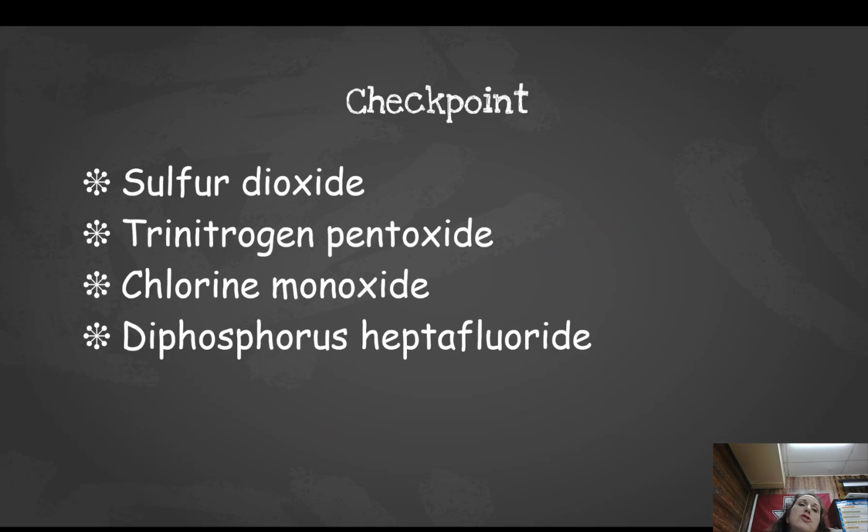All right, so let's try sulfur dioxide. Sulfur is S. We know that there's 2 oxygens because this is dioxide, O2. Tri is 3, penta is 5.